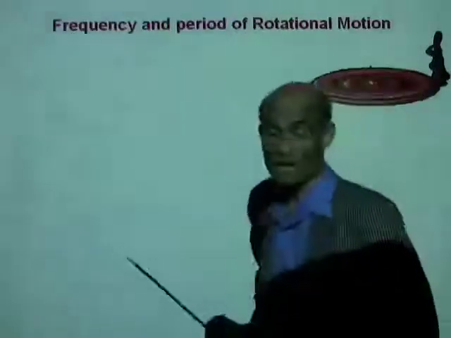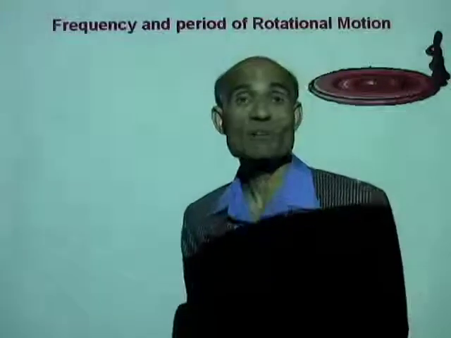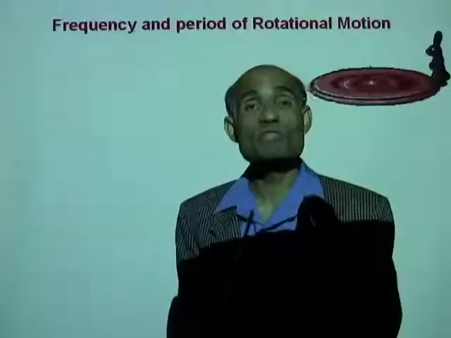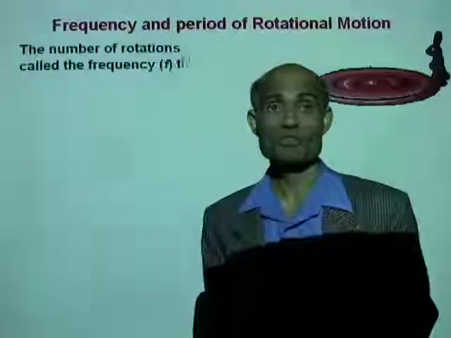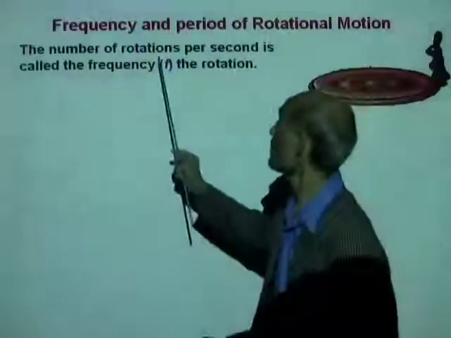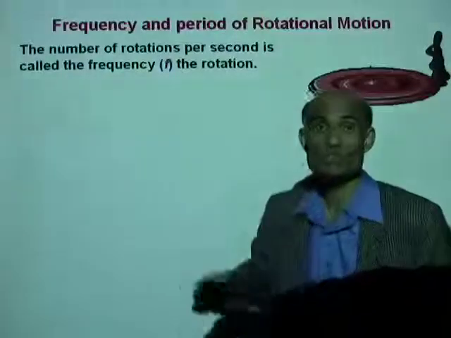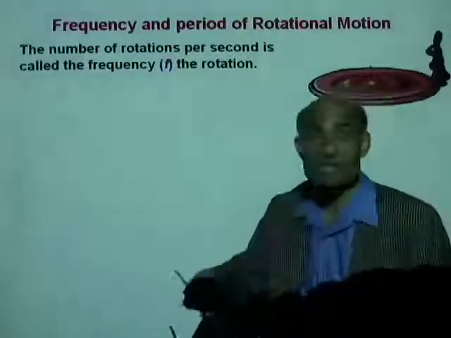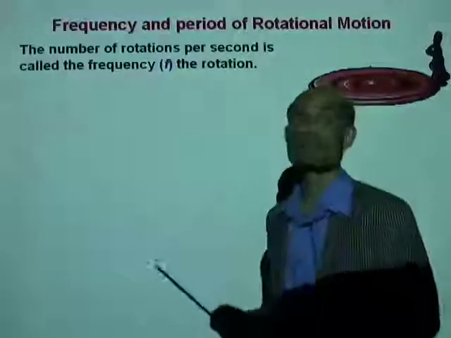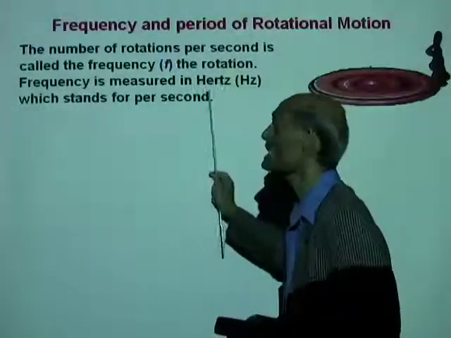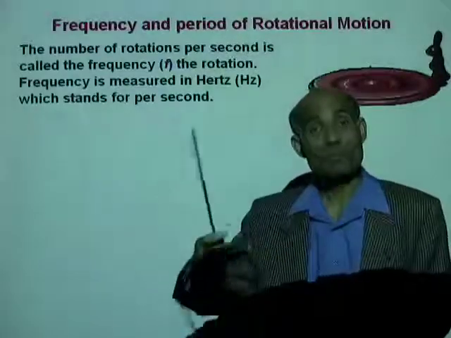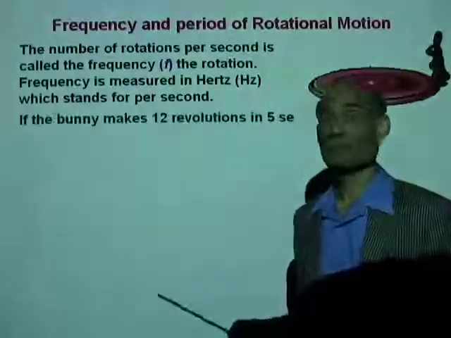Okay, let's now review one more time the concept of frequency and period. I'm sure you remember this concept. The number of rotations per second of a rotating object is called frequency, and frequency is measured in hertz, which is per second.